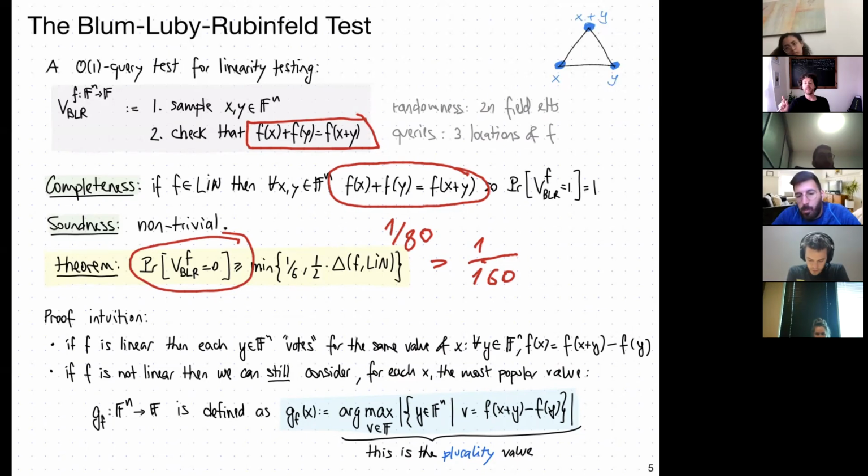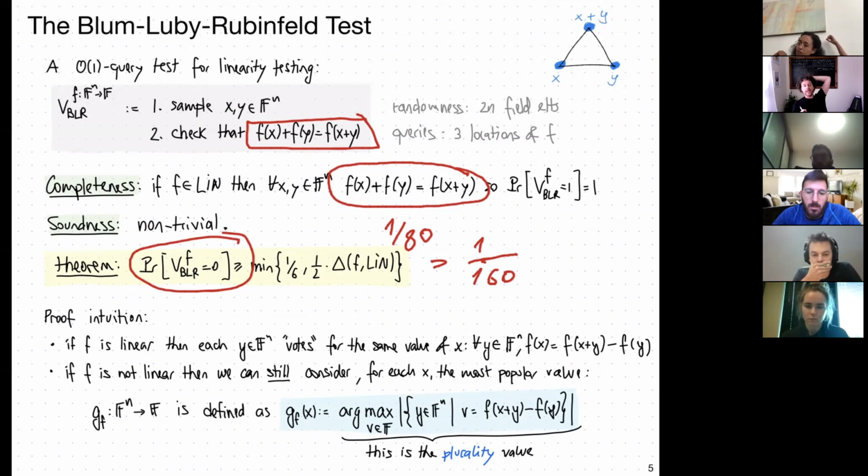So I'm looking at f of x plus y minus f of y for all possible y's. Each one of them would give me a certain value. And then I'm choosing the one which is the most common. This is called the plurality vote. And this is a big idea, this notion of correction. And we'll see exactly why this is useful.